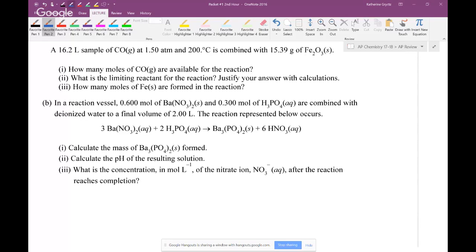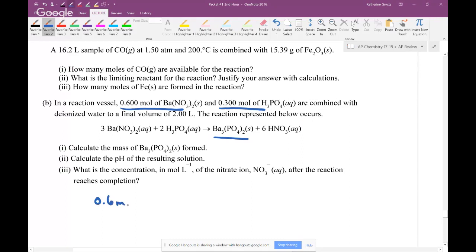So you've got 0.6 moles of barium nitrate and 0.3 moles of phosphoric acid combined with a final volume of 2 liters. And here's the reaction, and you have to figure out the mass of Ba3(PO4)2 that was formed, and only one of those numbers is useful. One's limiting and one's excess, and so you have to pick one.